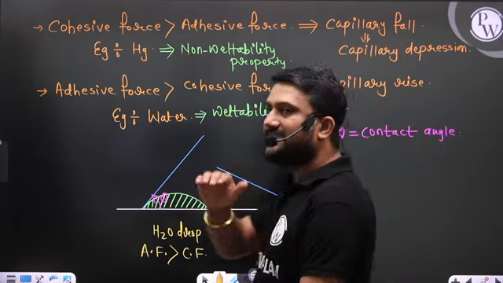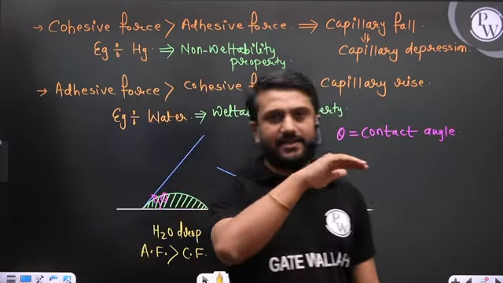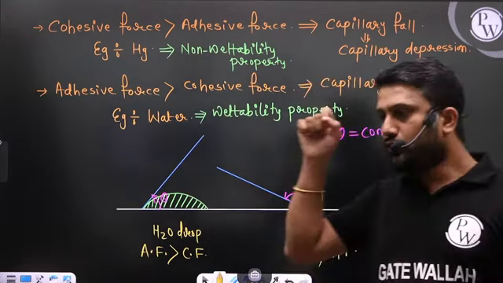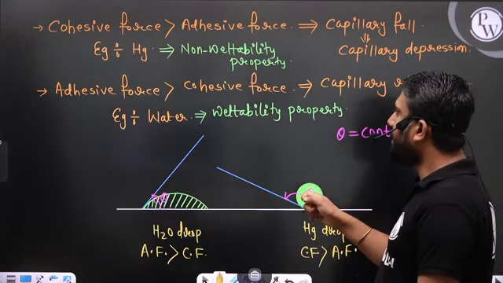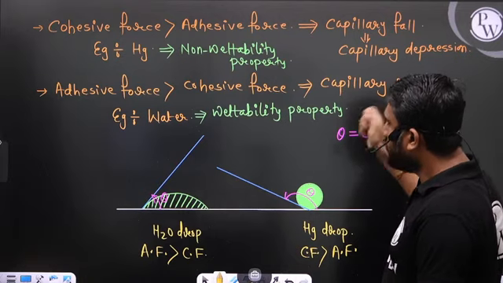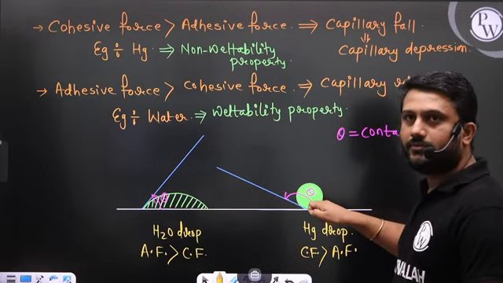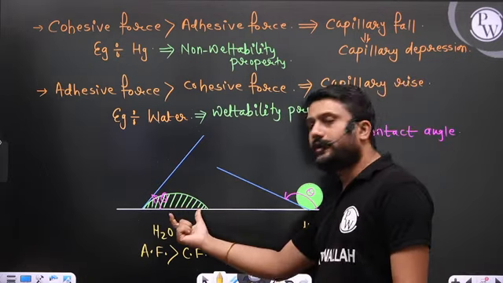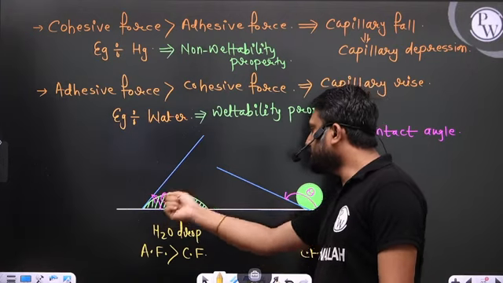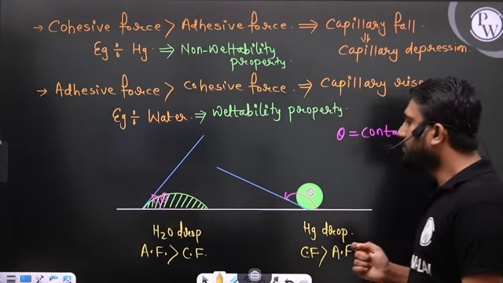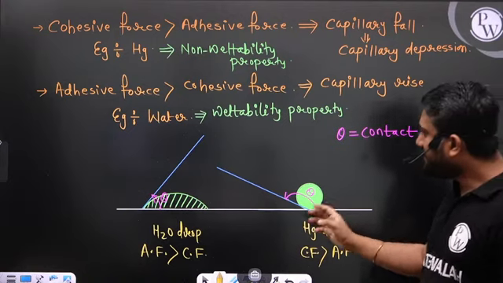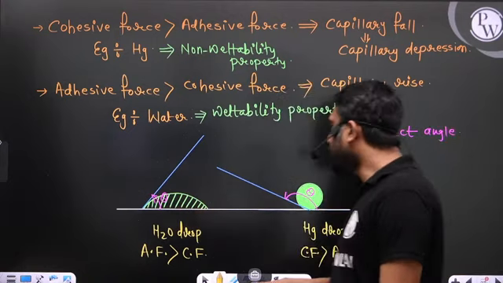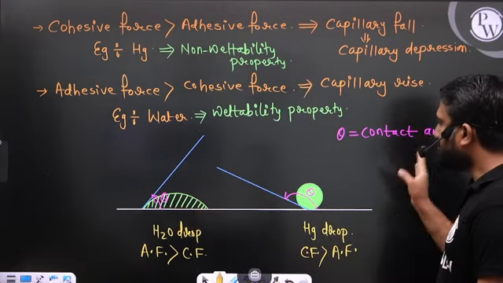If there is a surface, and if you drop a water droplet and a mercury drop, your water droplet is spread like this, and your mercury droplet is spread like this. This angle is called the contact angle, theta.